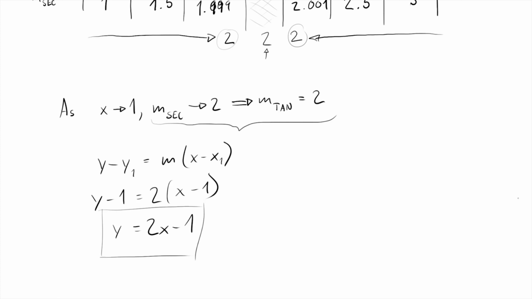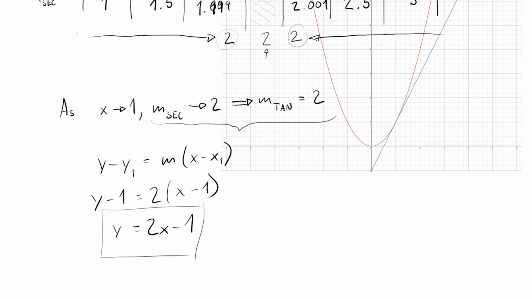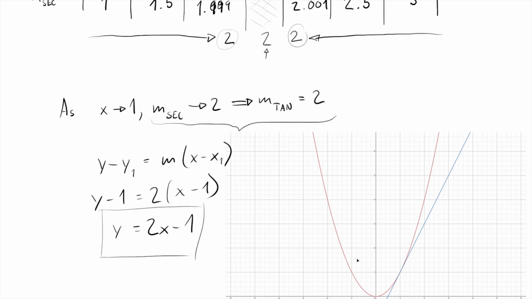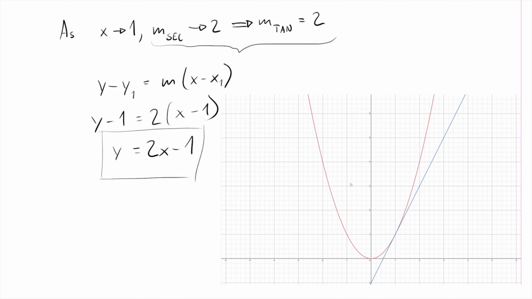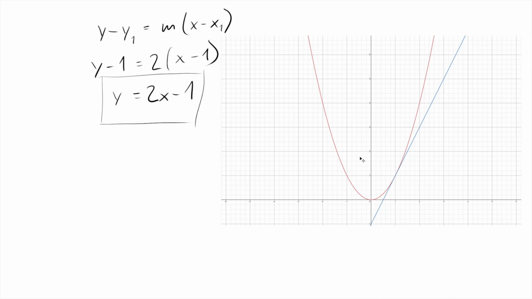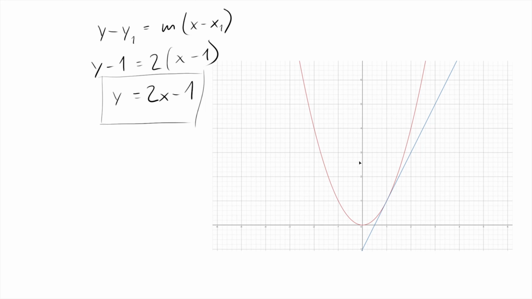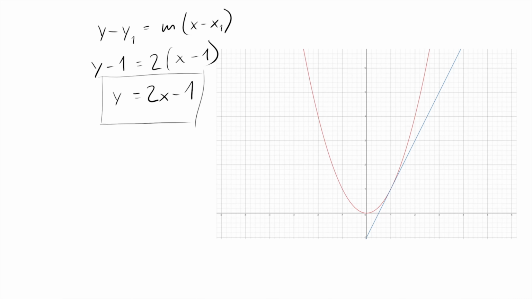You may be wondering, well, what does that look like? I actually have a picture here, which is being overlaid by everything, but let's just scroll down and we'll see what this looks like. So what you see here is actually our original graph of y equals x squared, right? That's the red one. And this blue line is the equation y equals 2x minus 1.